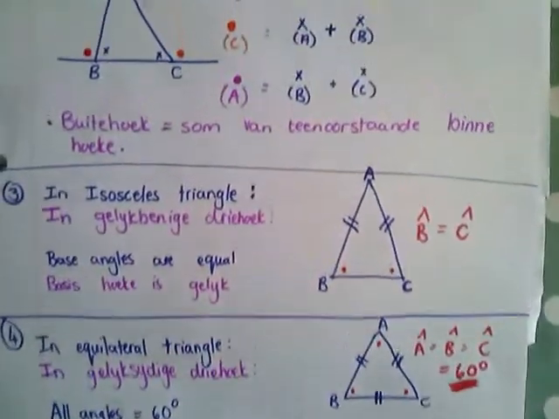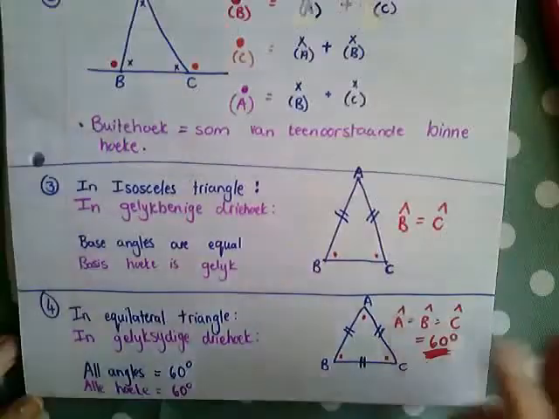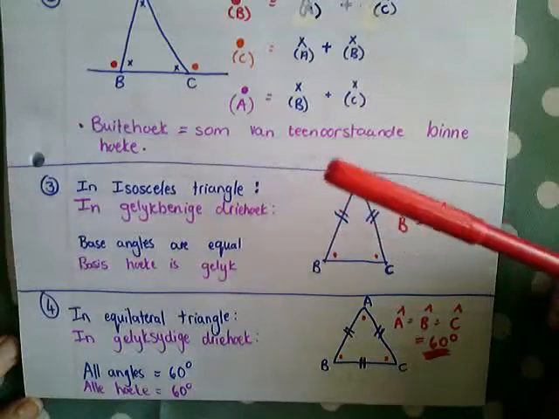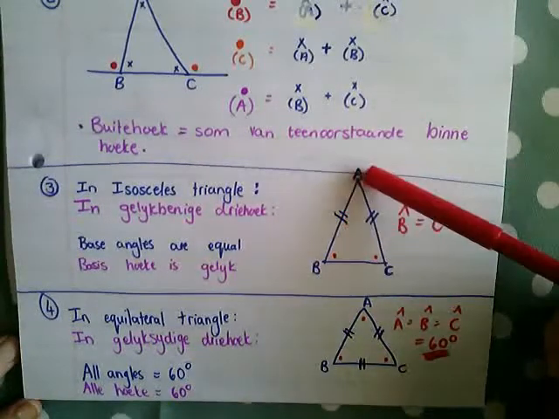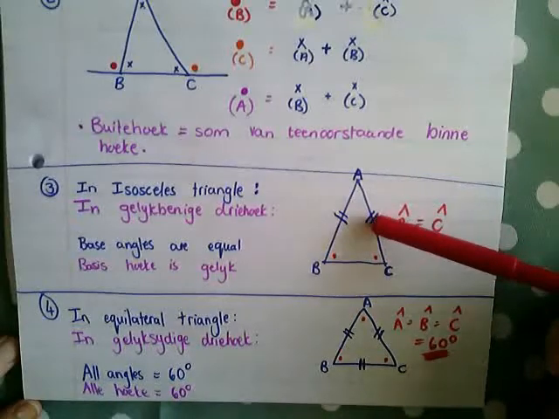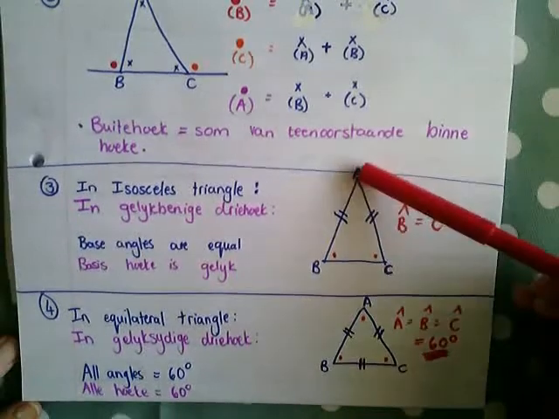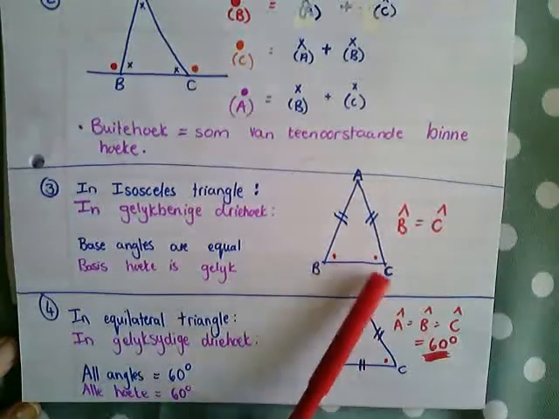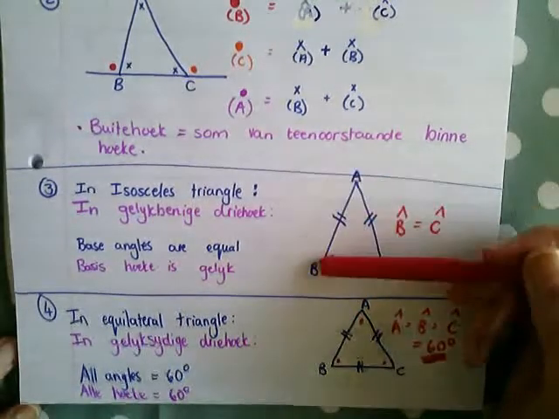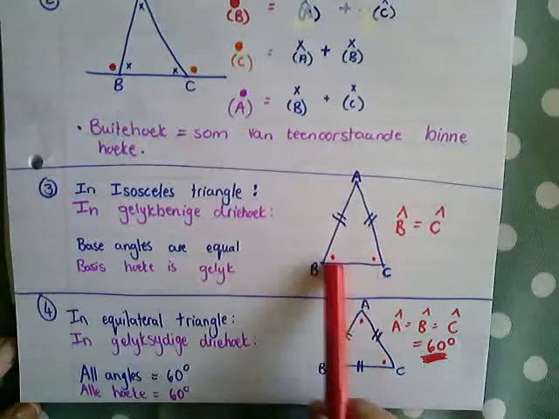Dan, die derde reël. The third rule is that in an isosceles triangle, in 'n gelykbenige driehoek is 'n driehoek waar 2 van die sye ewe lank is. So in 'n gelykbenige driehoek is daai 2 hoeke aan die onderkant van die 2 lyne wat gelyk is, wat ewe lank is. Daai 2 hoeke word die basishoeke genoem.